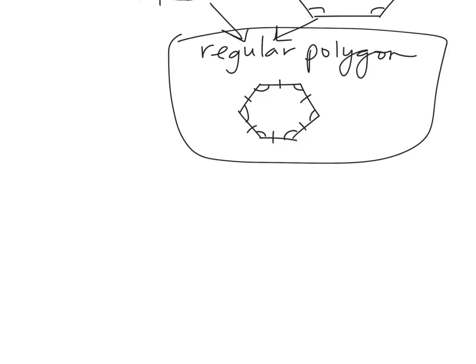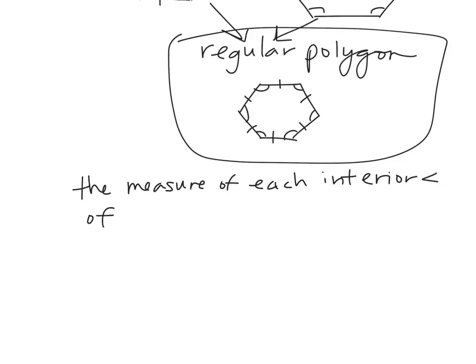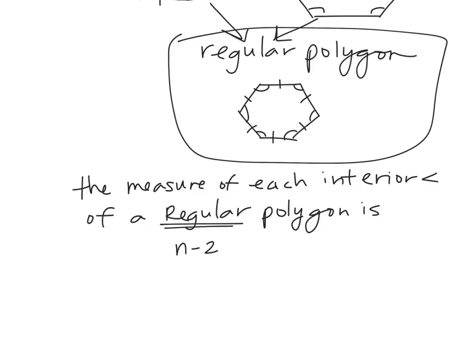So we'll just write this out so you have the wording. The measure of each interior angle of a regular polygon is n minus 2 times 180 divided by n.